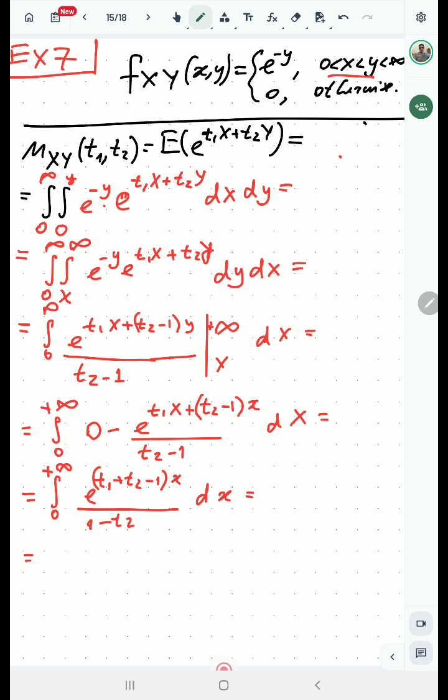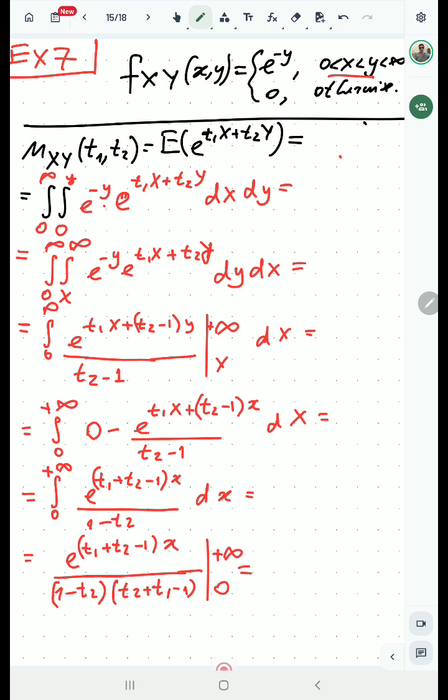And if you do that, you're going to receive e to the power (t1 plus t2 minus 1) times x divided by (1 minus t2) times (t2 plus t1 minus 1), and you have to evaluate it between 0 and positive infinity.